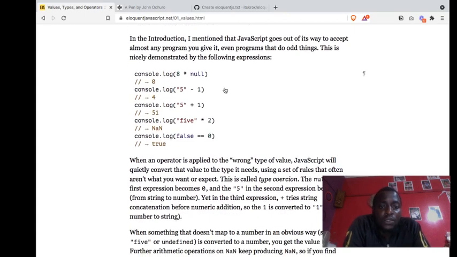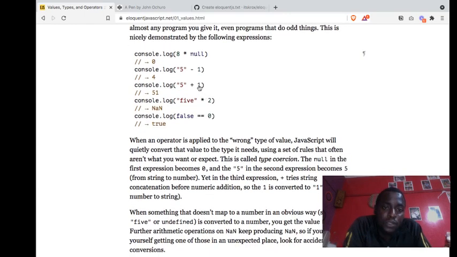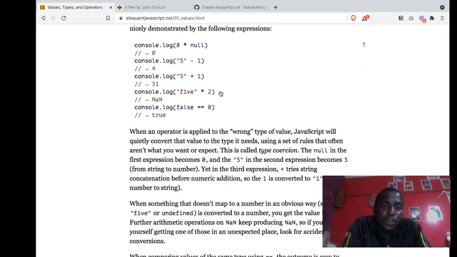When we say console.log("5" + 1), it concatenates, assumes this is also a string, and it's going to make it "51". console.log("five" * 2) will give you not a number. And then console.log(false == 0), it will tell you yes, true.